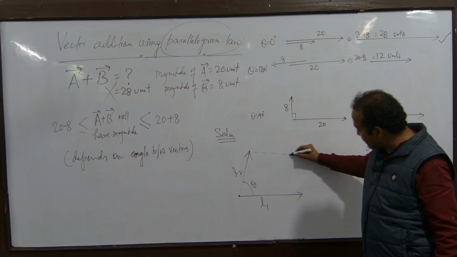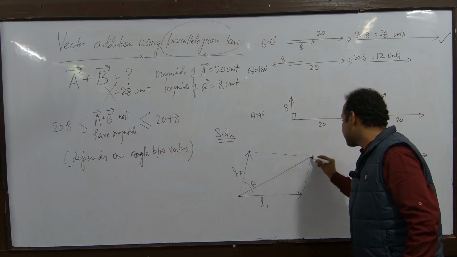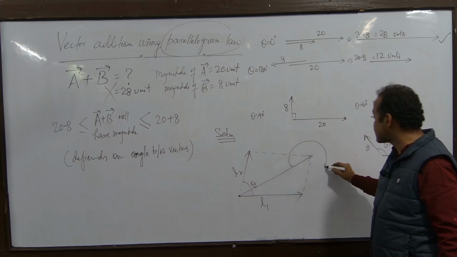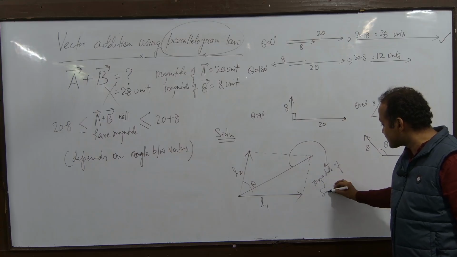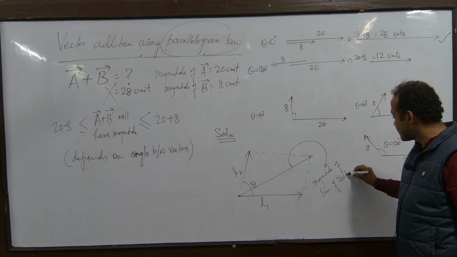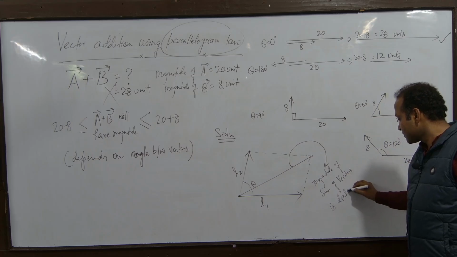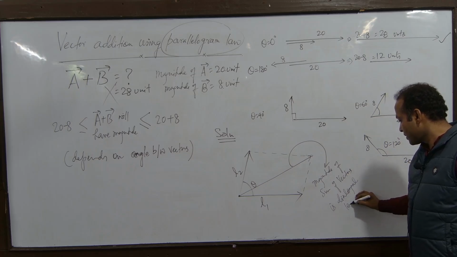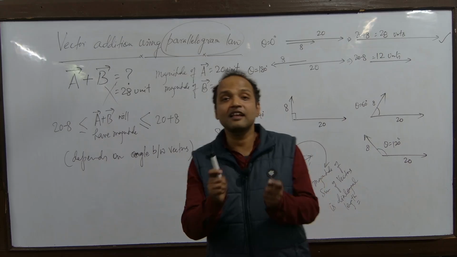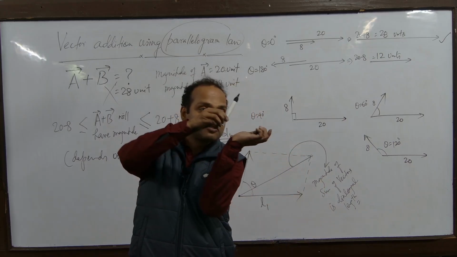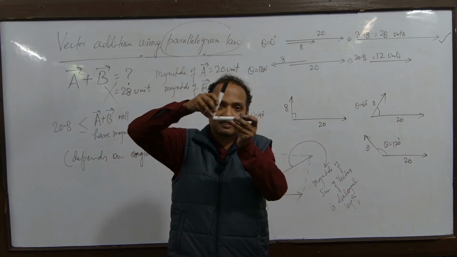The sum will be represented as the diagonal. The sum of vectors R is the diagonal length. The sum of two vectors is nothing but the diagonal made from these two vectors.